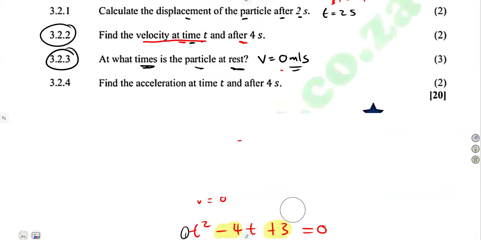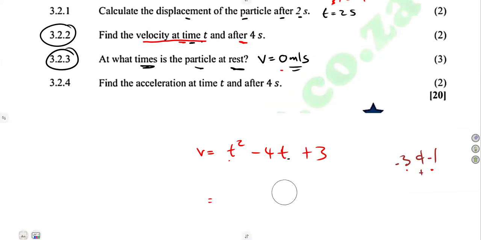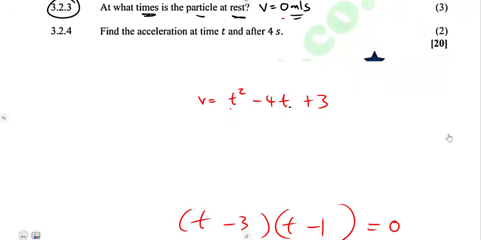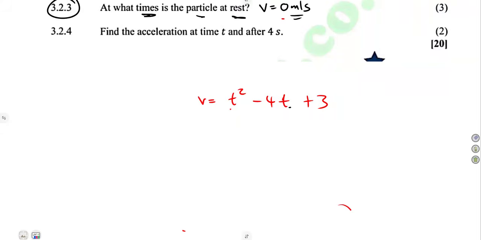All right, let us move on. Find the acceleration. I'm going to need the velocity expression at time t and after 4 seconds. So they need an expression first for acceleration, then the exact value when our time is 4 seconds. Acceleration simply represents the derivative of the velocity, the change of velocity.